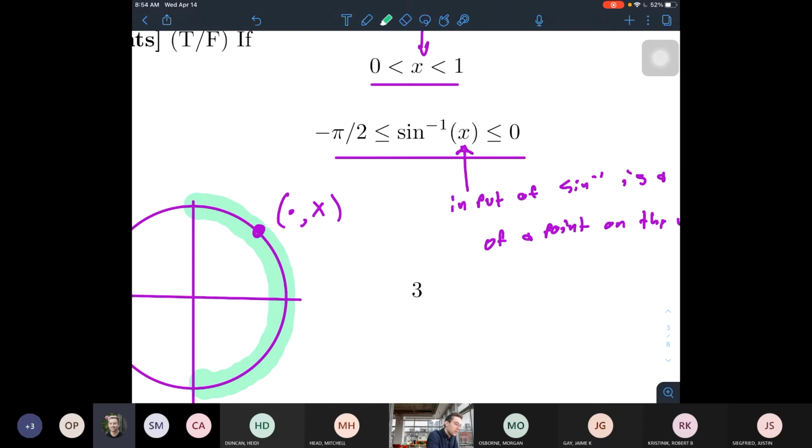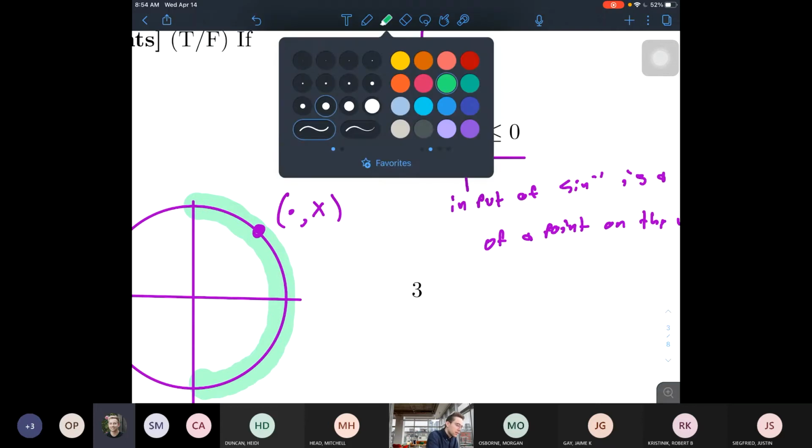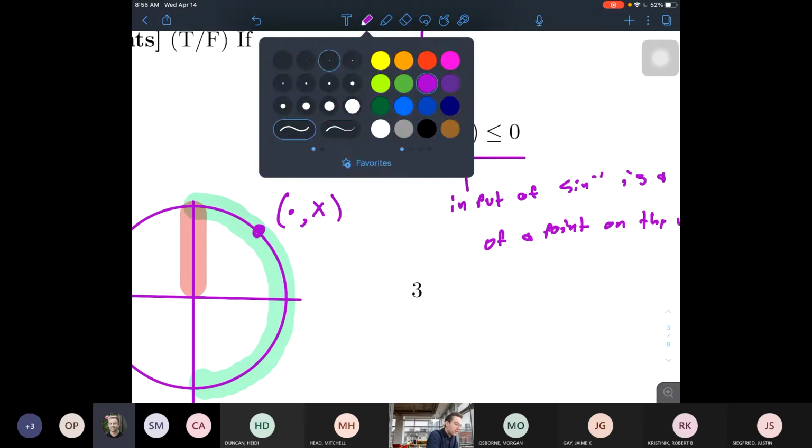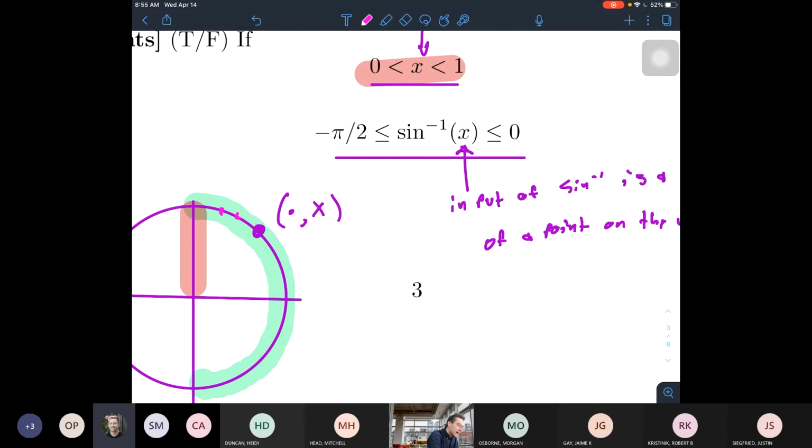This condition, 0 is less than x is less than 1, tells us that our y value has to be positive, which means that our point is somewhere on the top half, or the top quarter, of this unit circle.